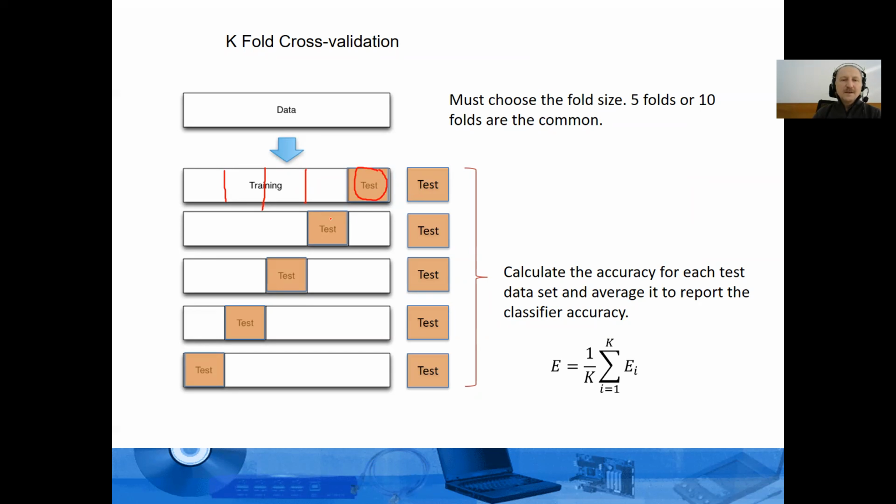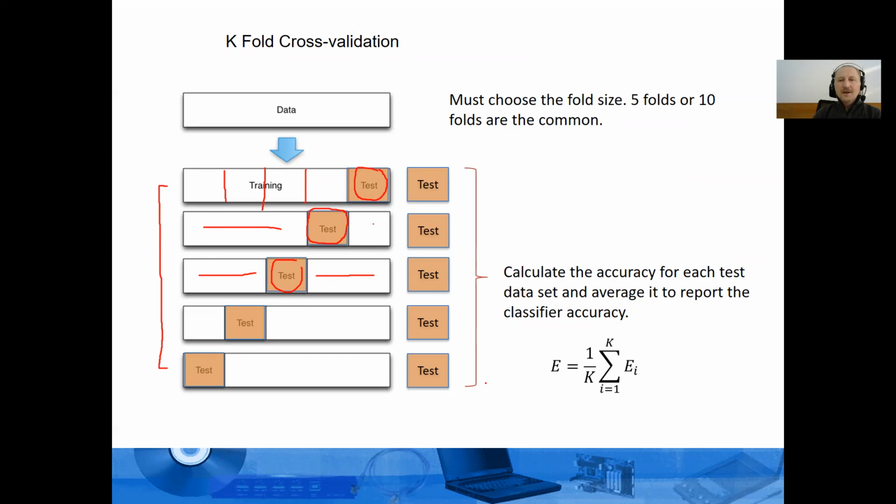In the next round, you are using this part of your data for testing and the remaining 4 parts for training. Next time, these 4 parts for training and this part for testing. And we are repeating it 5 times.